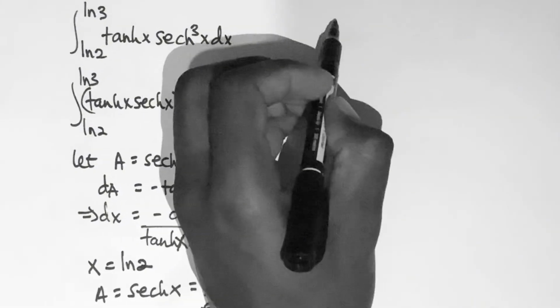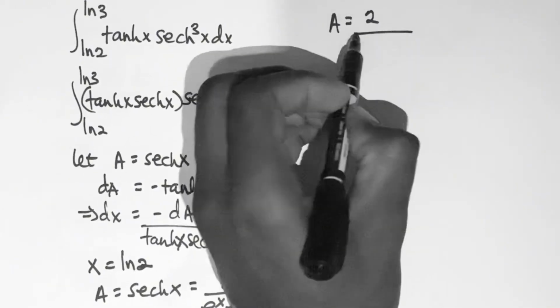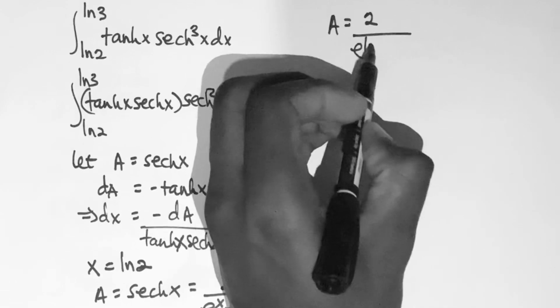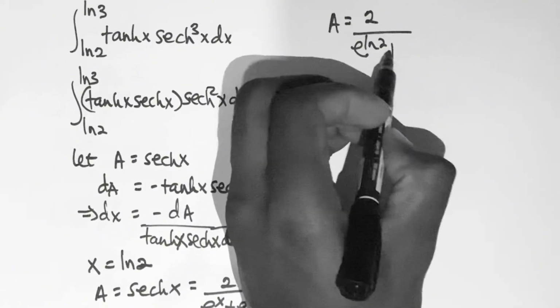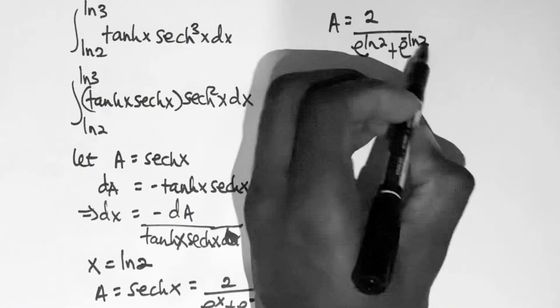So a is equal to 2 divided by e to the ln 2 plus e to the minus ln 2. Now e to the ln 2 is 2, and e to the minus ln 2 is the same as 1 over 2.